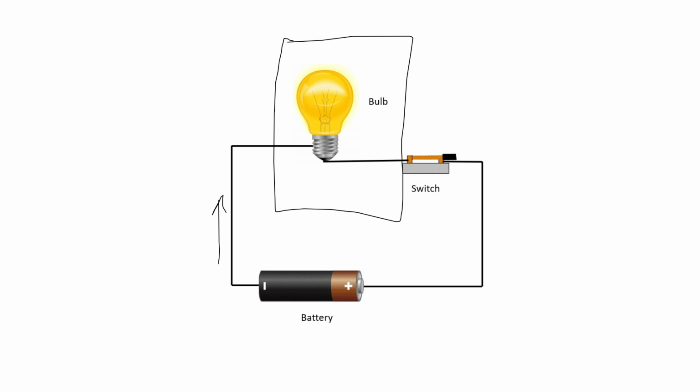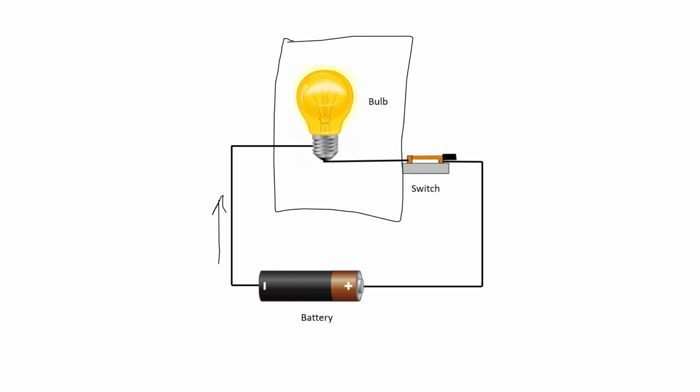In the case of a filament bulb, as we highlighted in the previous lesson, the filament is able to utilize this movement of electrons, whereby on the filament we have some resistance.